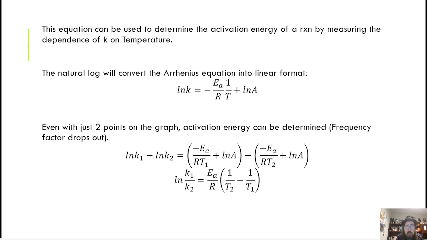The natural log of our equation turns the k into ln k, and it turns our exponential into negative E sub A over R, which is a constant, times 1 over T, plus natural log of A. So right there, that looks like a linear equation. In fact, using just 2 points on a graph, we can determine the activation energy and the orientation frequency.